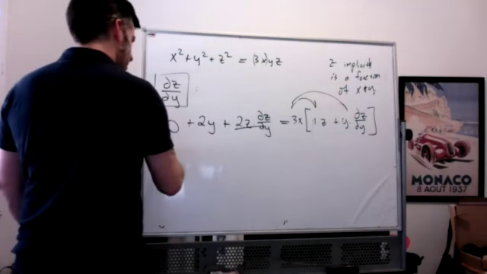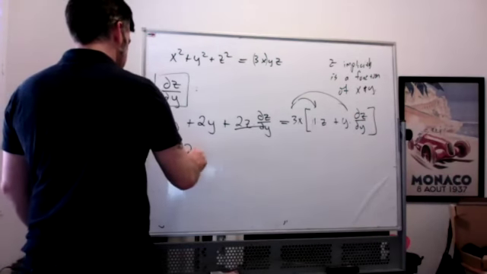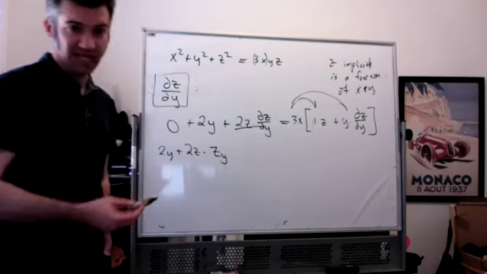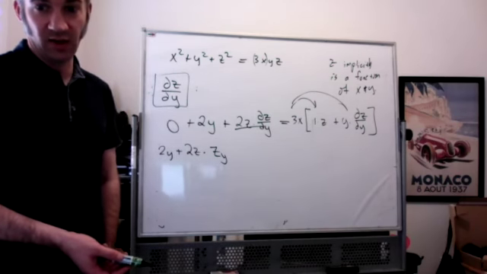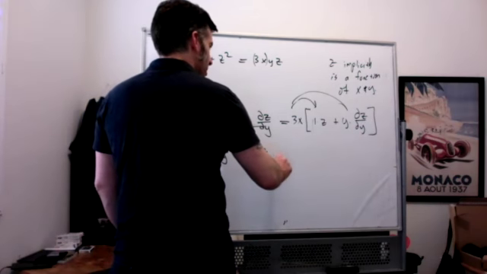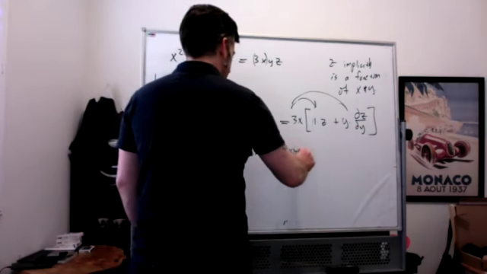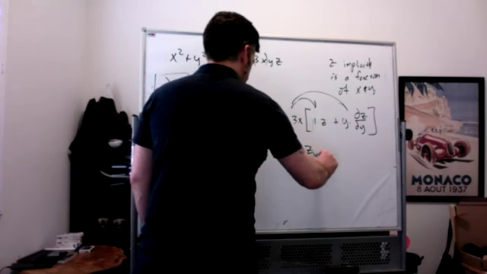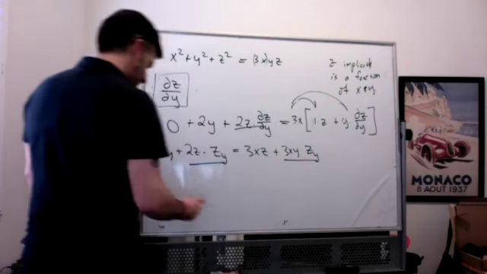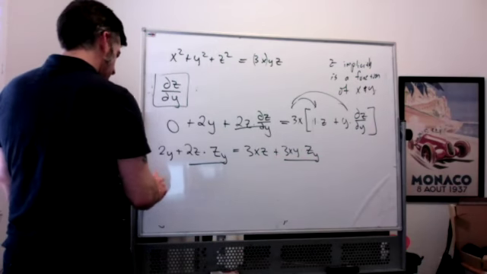So I've got 2y plus 2z zy. I might write this as zy just because it takes less writing, instead of writing del z del y. That equals 3xz plus 3xy zy. I want these terms on the same side, so I'm going to factor out the zy.